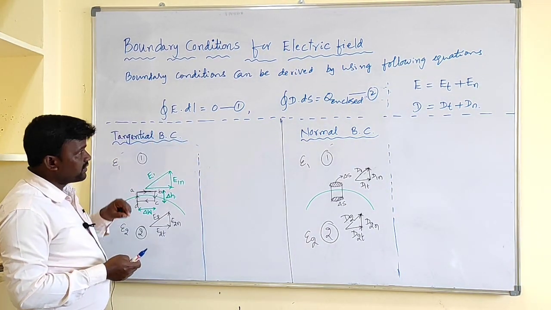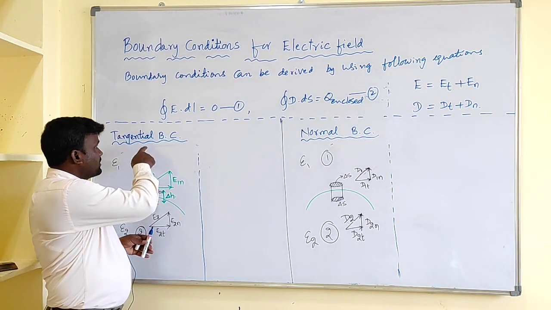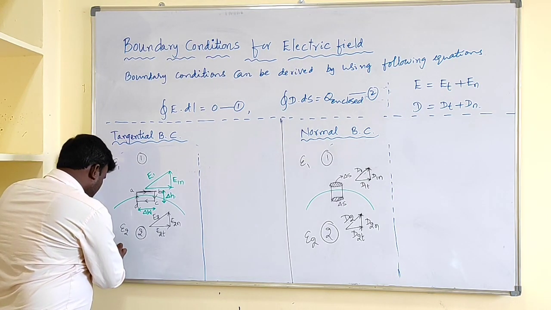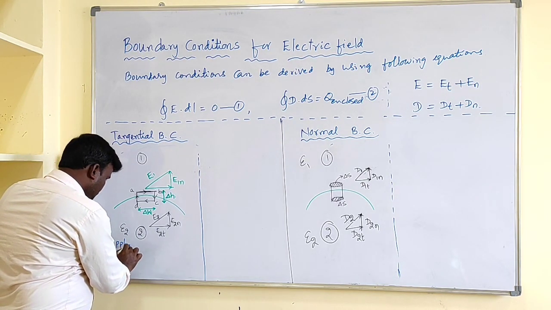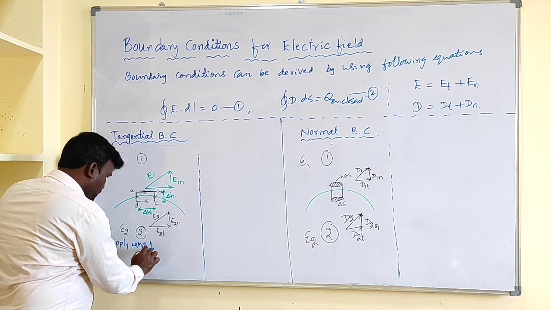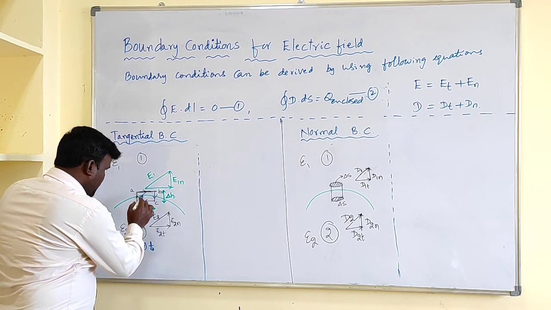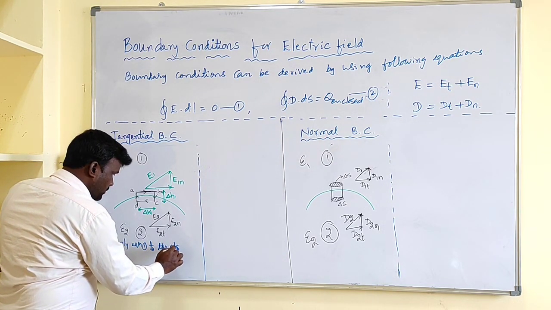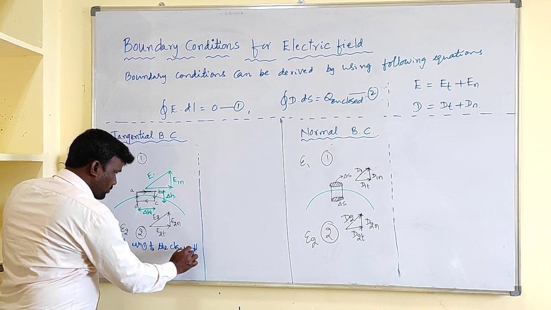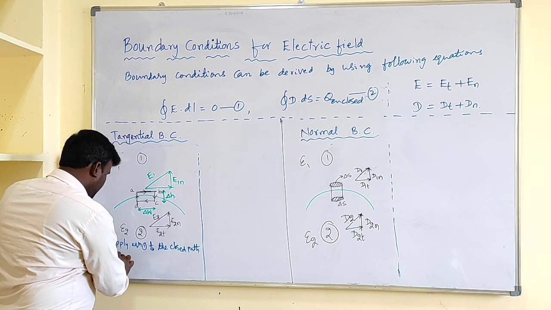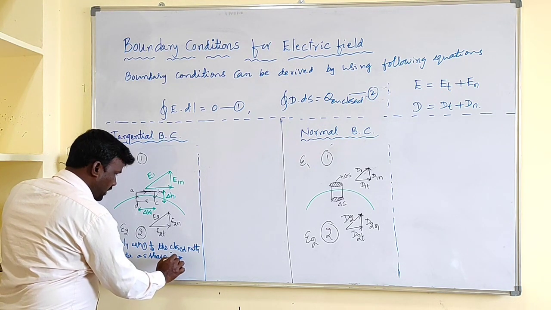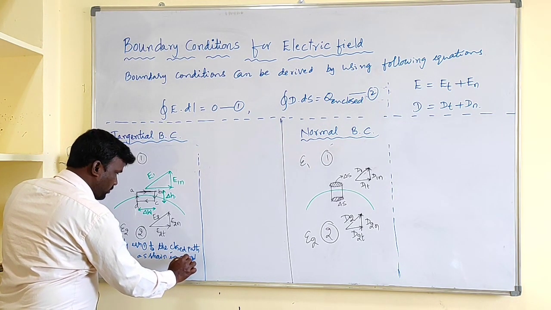To derive tangential boundary conditions, we need to use this equation 1. Apply equation 1 to the closed path ABCDA as shown in the above figure.